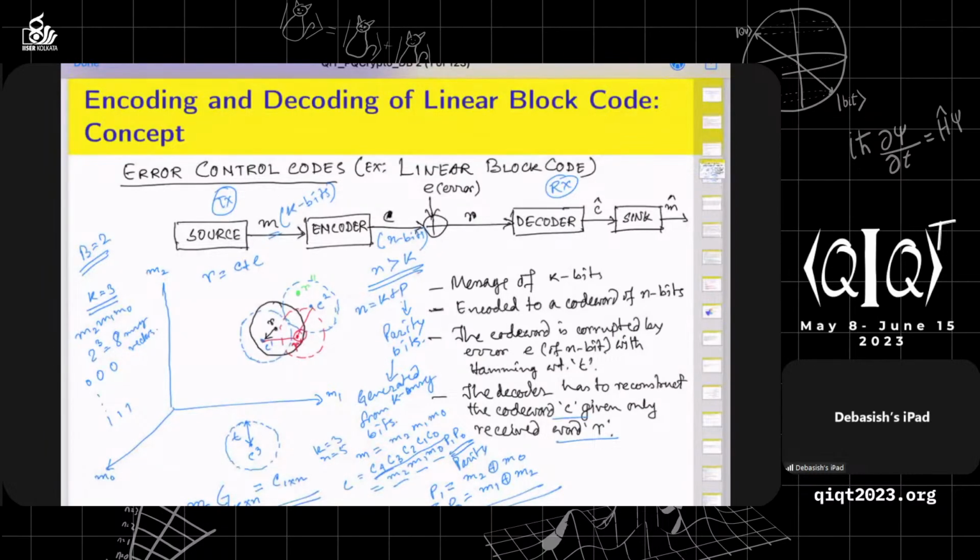Then our decoding algorithm will not be able to understand. It will see that R double dash resides within the C2 circle, so it will decode it as C2. So two cases may happen in decoding. If it decodes properly, fine. If it is unable to decode, either it will never be able to decode or it will decode wrongly.